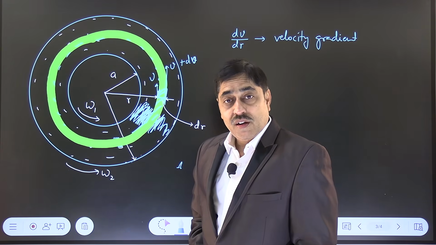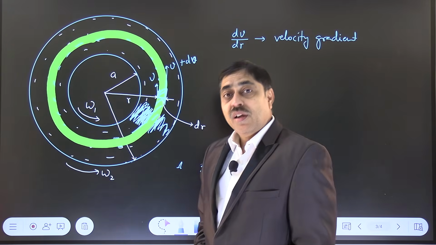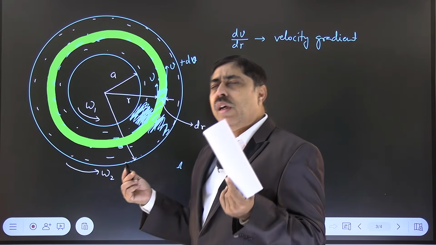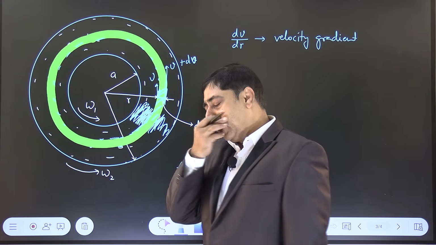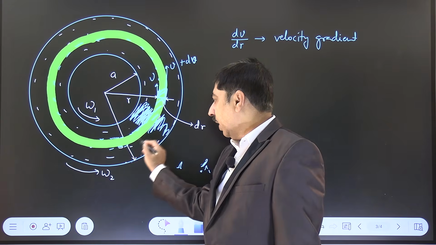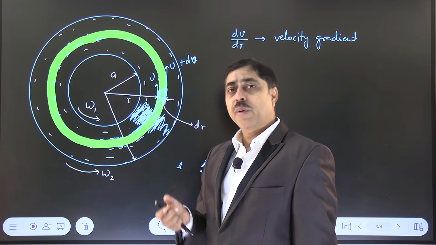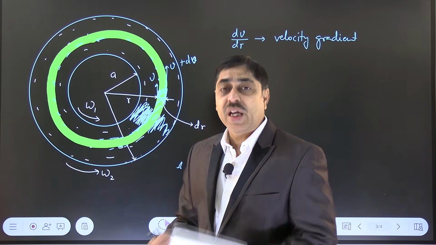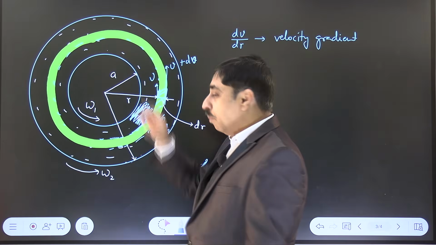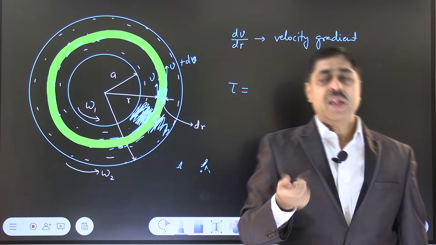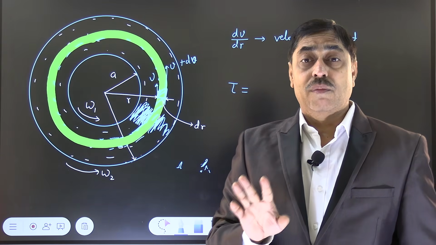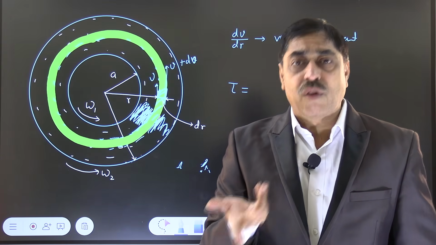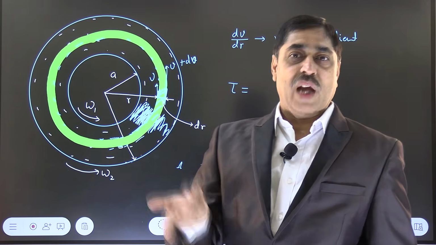Similarly, in general, we could tend to think that torque experienced by this surface and torque experienced by this surface should be different. But if they are different, then this green belt of fluid will experience an angular acceleration, which is not the case. So torque should be independent of r. This is my logic. This is my argument.